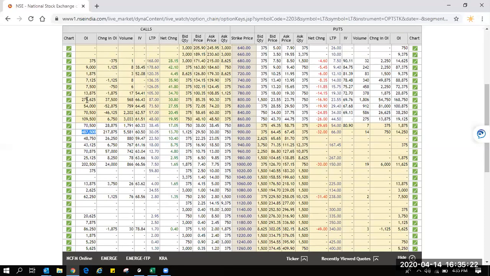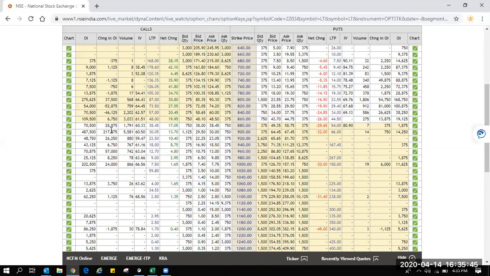So if LNT goes up, you can see the change in OI, more unwinding at 800 levels. That means there is strength in the up move. If there are more additions in these calls, for sure the up move will be limited.